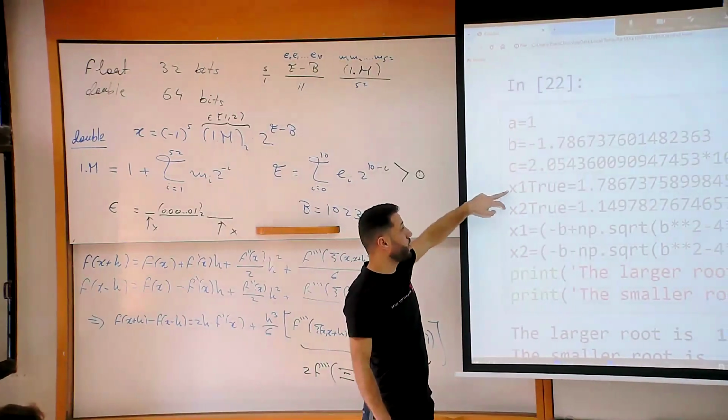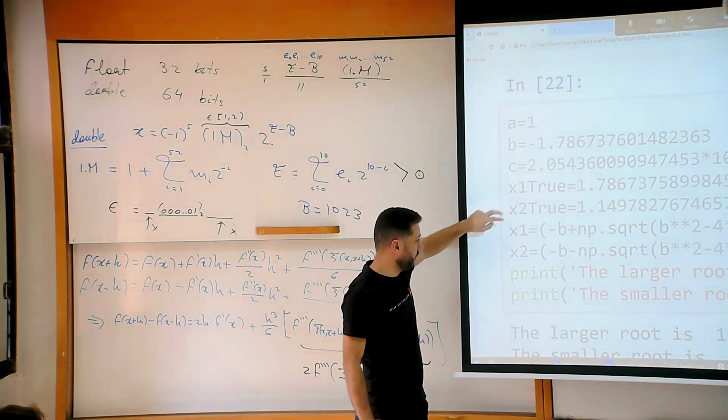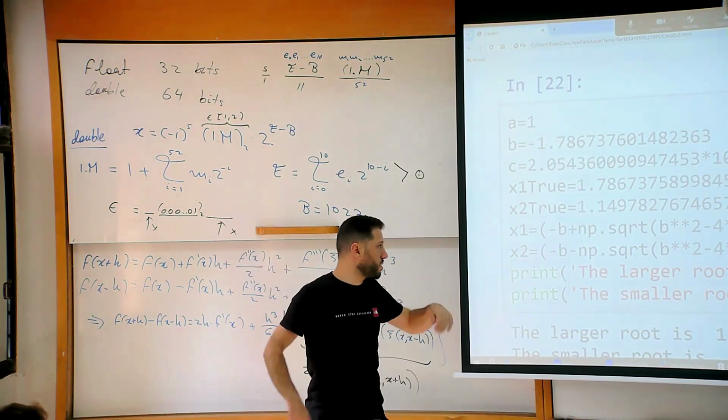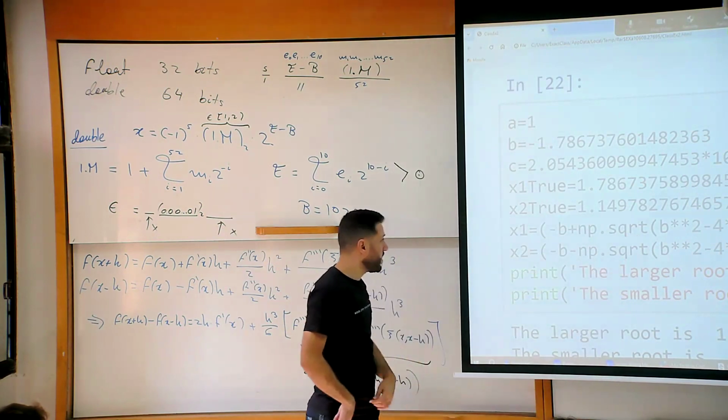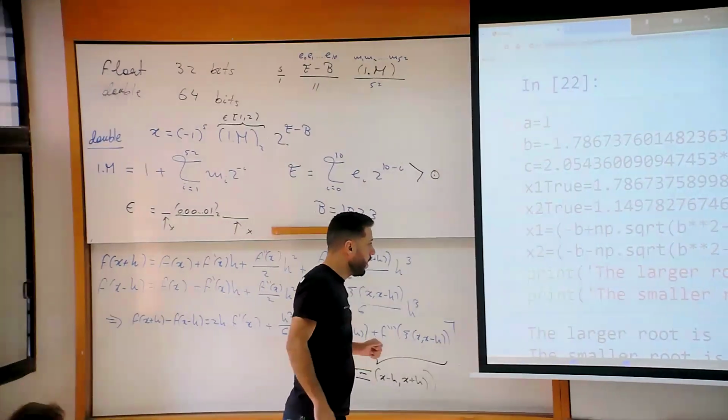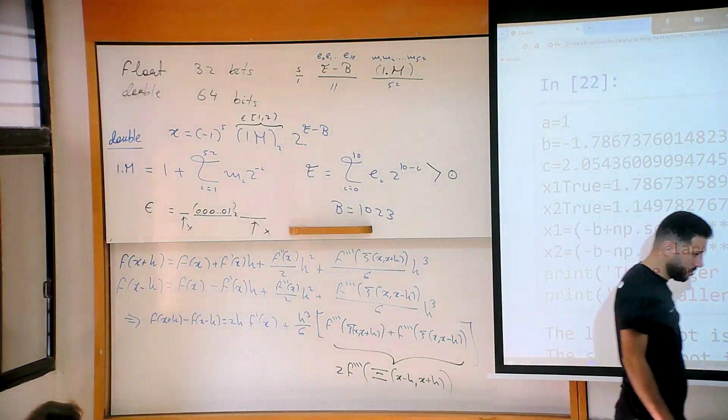And I know what's x1, the real value, and x2, the real value. And I only do minus b plus minus the square root of b squared minus 4ac divided by 2a, but a is 1, so it's good. And print the values.